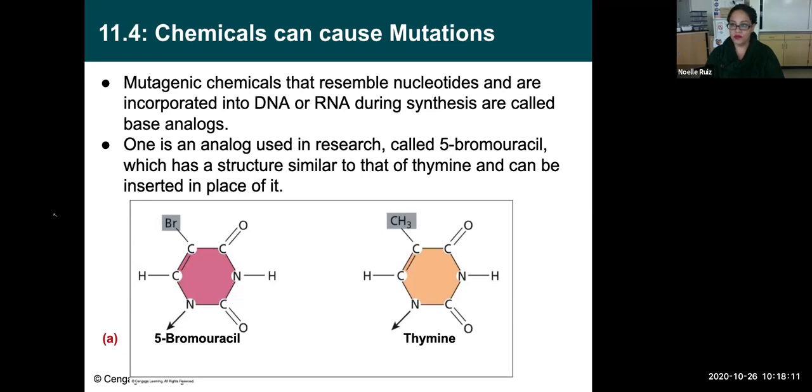And when your genome gets replicated, it gets replicated with it and causes problems because it's not supposed to be there. Another one you guys are going to be looking at, like I said, in your Ed puzzle, is Agent Orange. It was used to spray and kill trees in Vietnam.